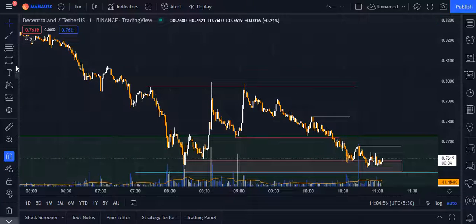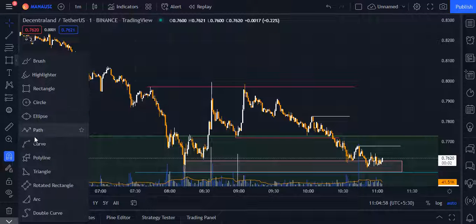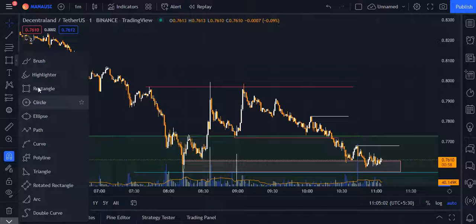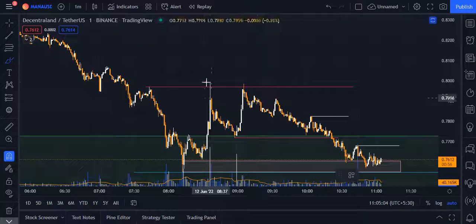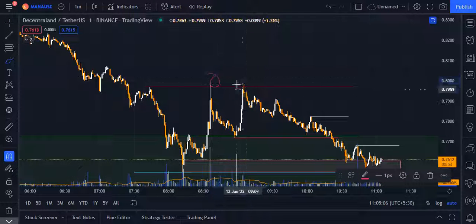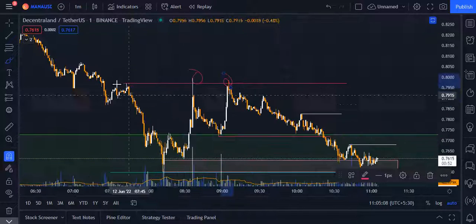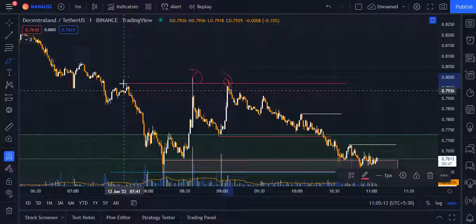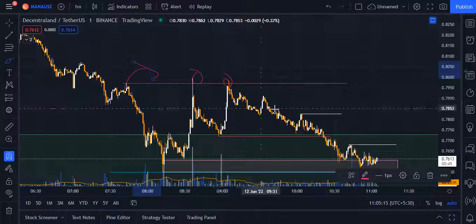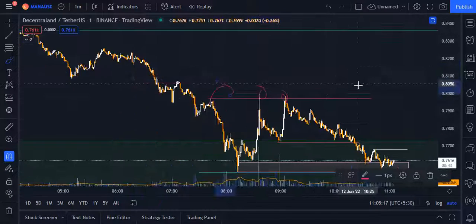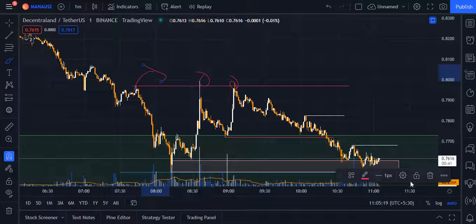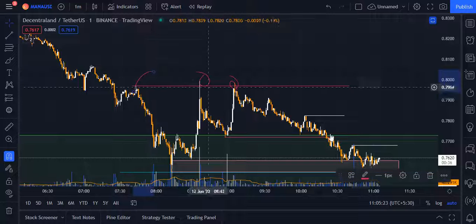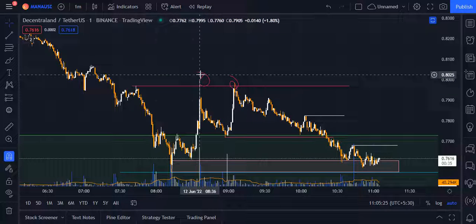Here we can clearly see that the one who got captured over here was the buyers. The buyers got captured here, who were actually planning to take the trade after the breakout of this area, and they are trapped, and perhaps they can be the bait of this market, and the market can fall.